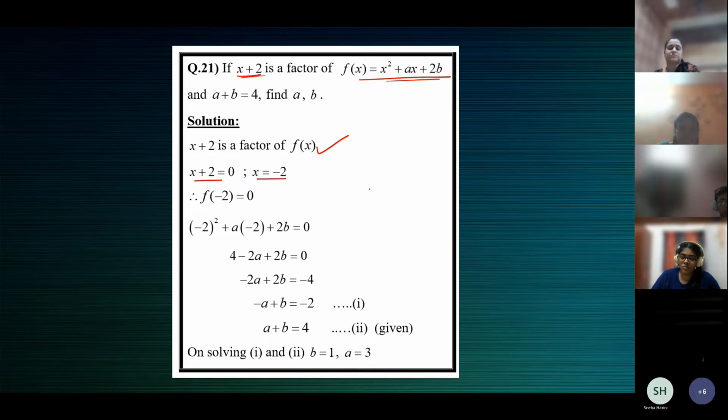9th standard. Since it's a factor, f of minus 2 is 0. The remainder will be 0.